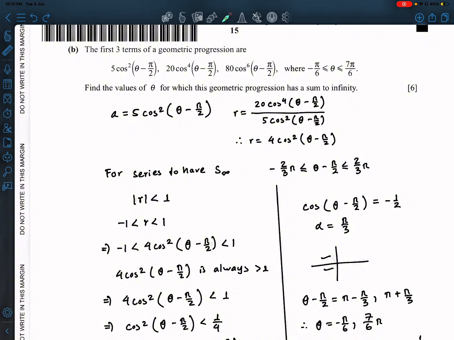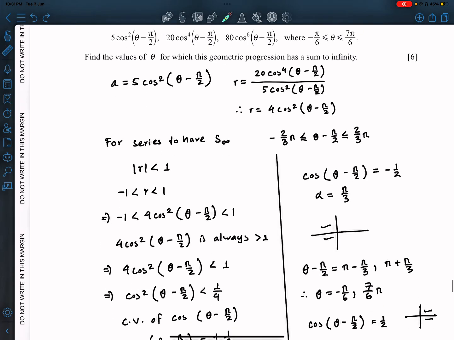So our first term would be cosine squared of theta minus pi by 2. And the common ratio would be the second term divided by the first term. We can also use the third term divided by the second term, and that would give us the same answer of 4 cosine squared of theta minus pi by 2.